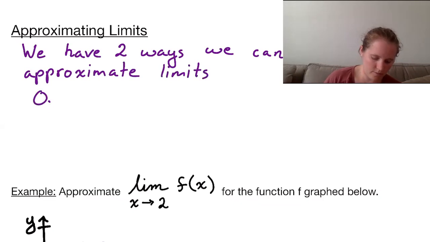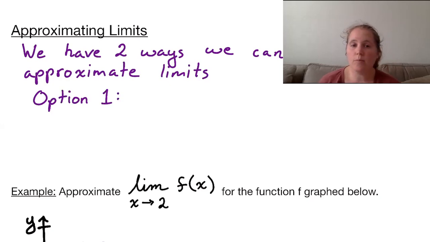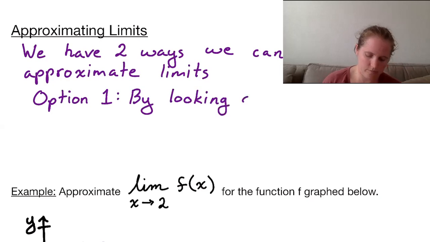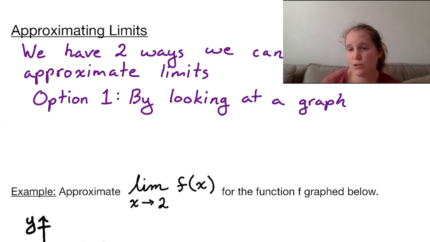Option one was by looking at a graph. In doing this, we essentially just traced the graph to see what the y value was looking like as x got close to our value.